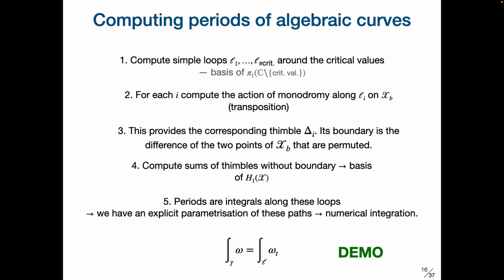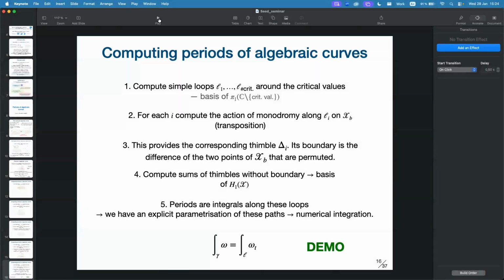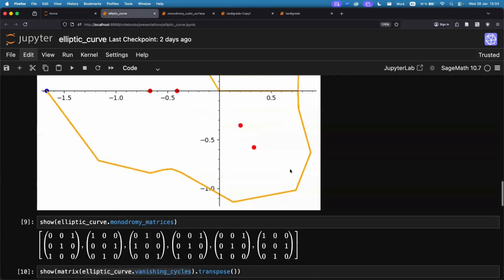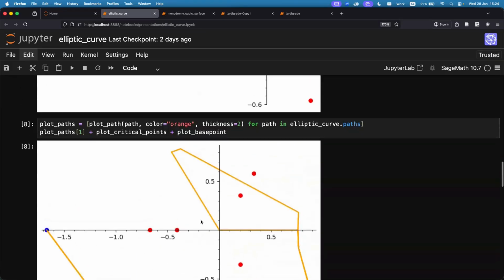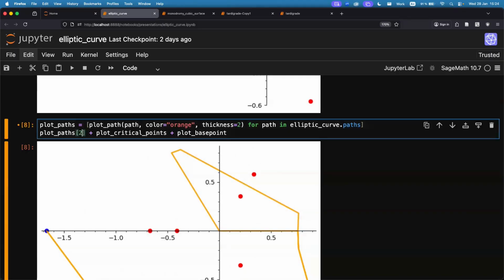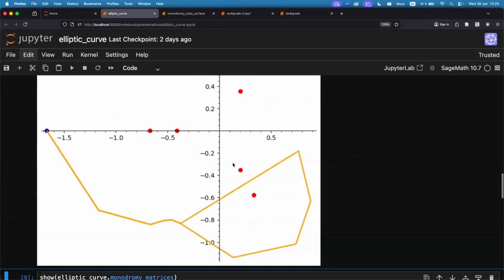Could you please repeat how you get this yellow cycle in the demo? The one that gives the nice basis, like these ones? So the idea is, for each of these red points, I'm going to have a loop, right?